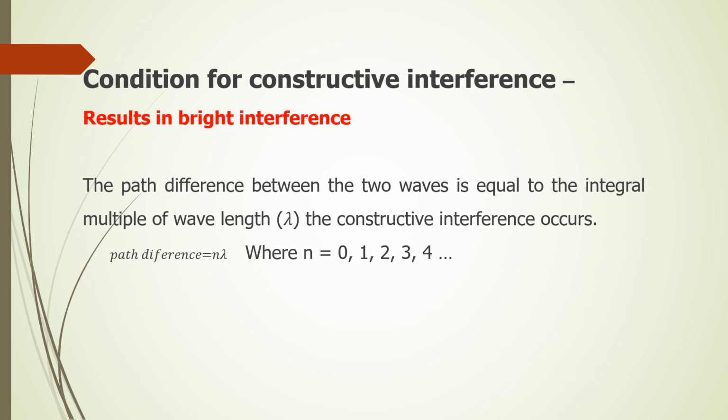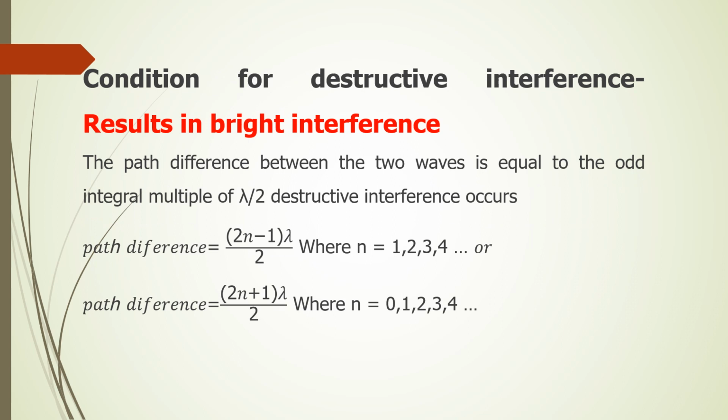We see the condition for constructive interference. This occurs for a bright fringe. When two waves are taken into consideration, the path difference is equal to an integral multiple of wavelength lambda. So path difference is equal to n lambda for the values of n being 0, 1, 2, 3, 4 and so on.